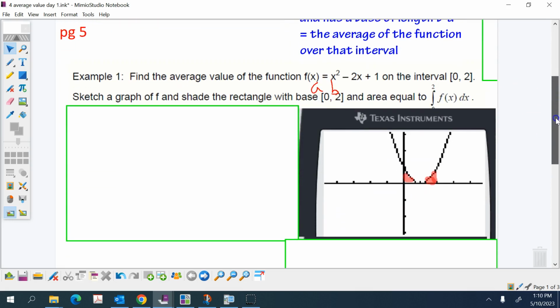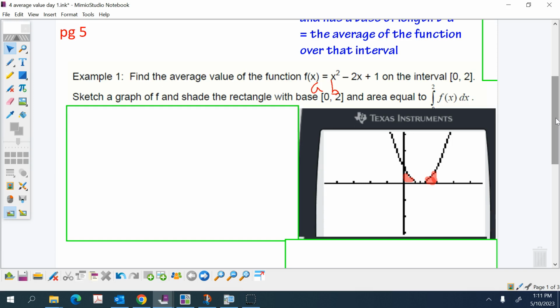In our first example, find the average value of x squared minus 2x plus 1 on the interval 0 to 2. We're going to sketch that graph and shade the rectangle. Of the base, we're going to go from 0 to 2 on the x-axis, and the area is going to be the integral of x squared minus 2x plus 1.